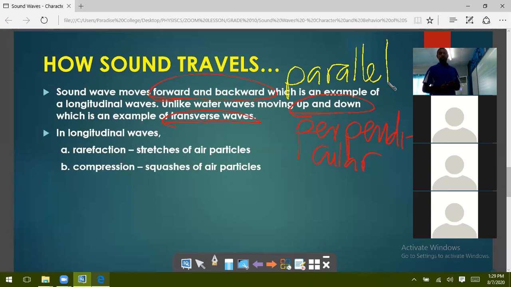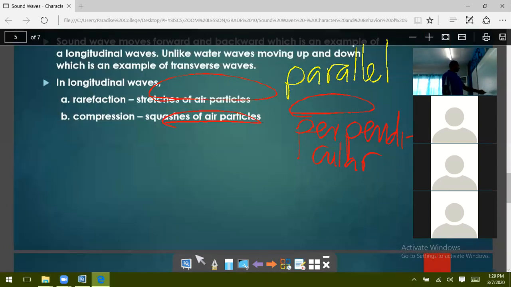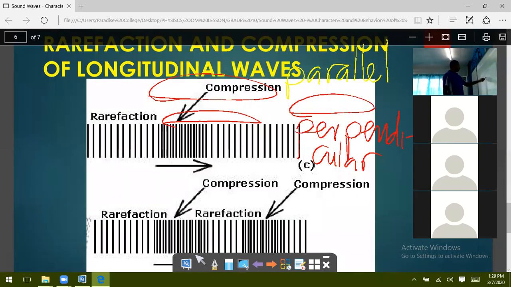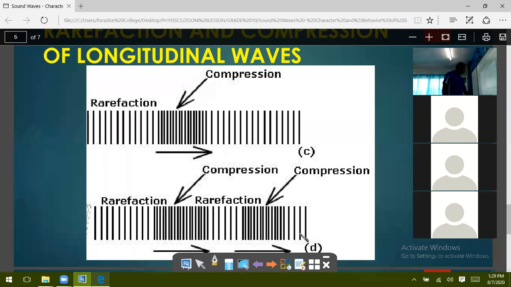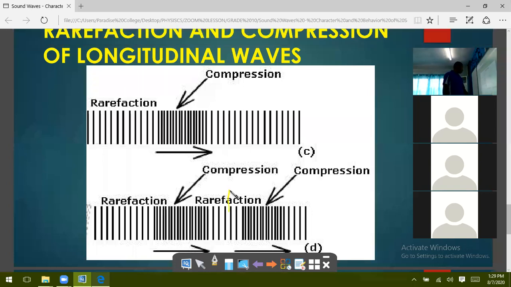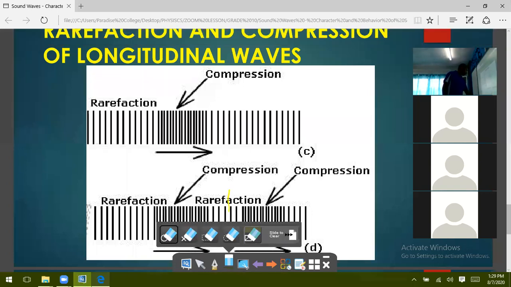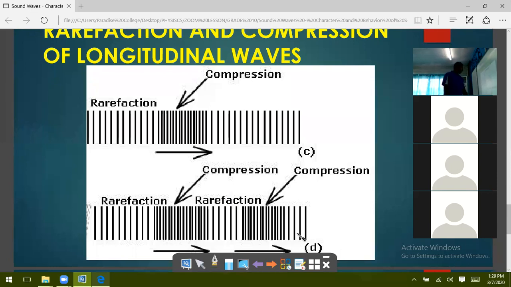Rarefaction is stretches of air particles, and compression is squeezes or clustering when air particles are actually coming together. Let's take a look at this diagram here. It shows portions of air particles. This is the kind of diagram that you will see when you're talking about longitudinal waves.